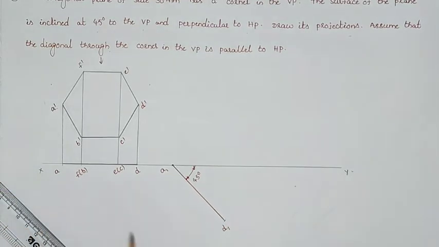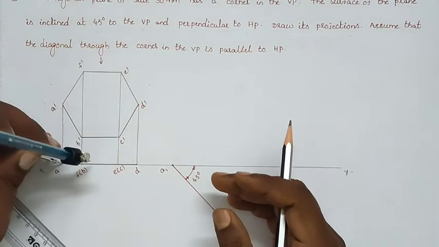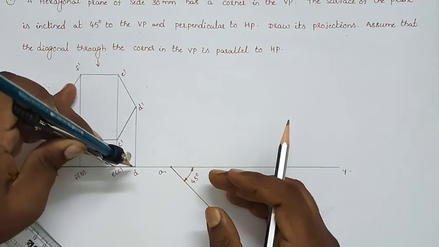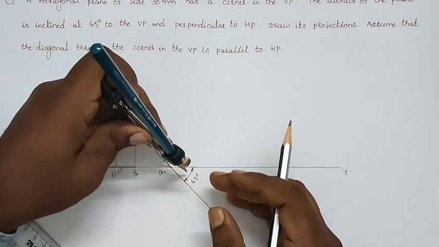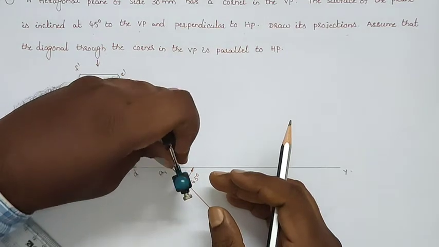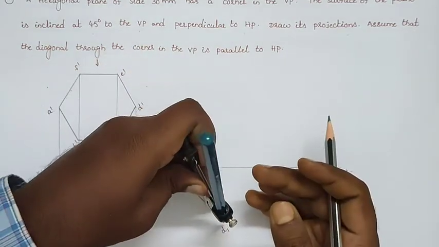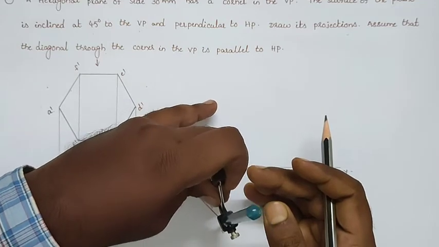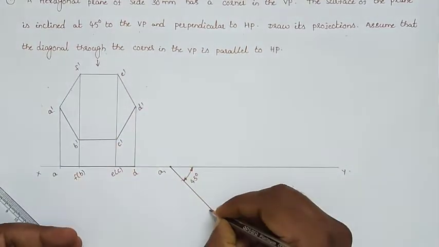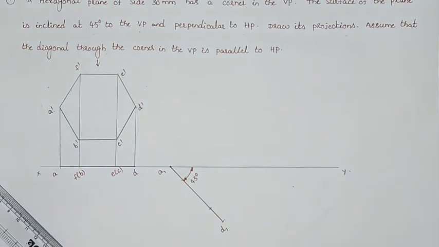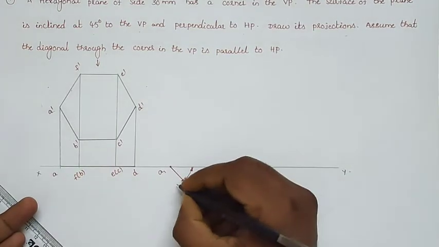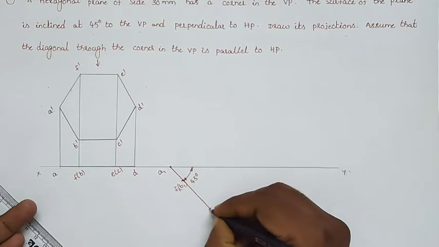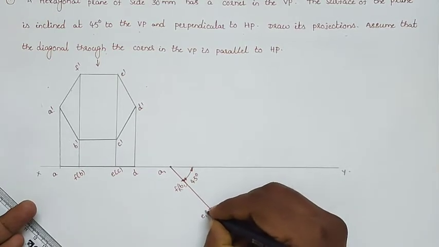Measure the length of A to F, which is equal to the E to D length. Draw the arc here also and locate the points. So here we get F1, B1 and E1, C1.